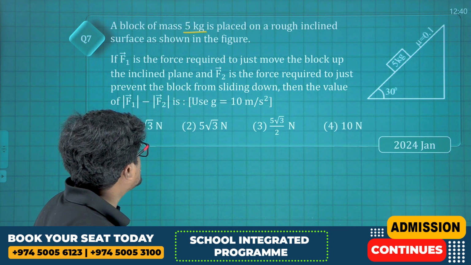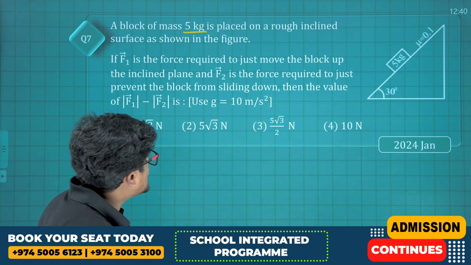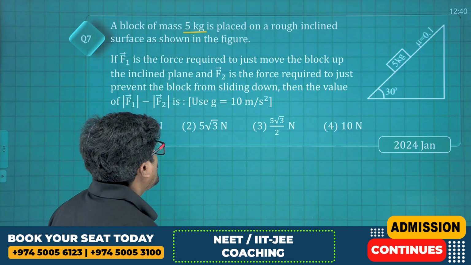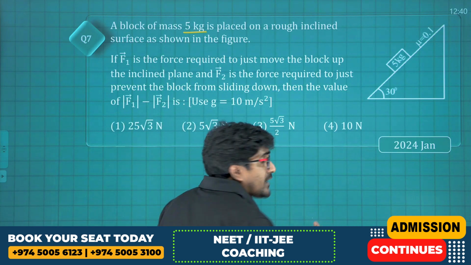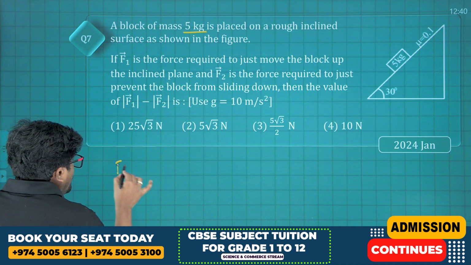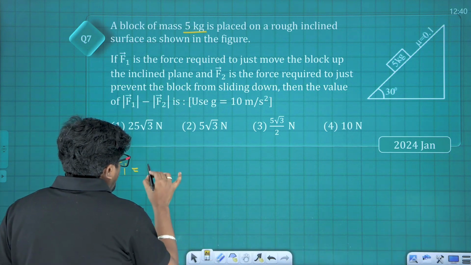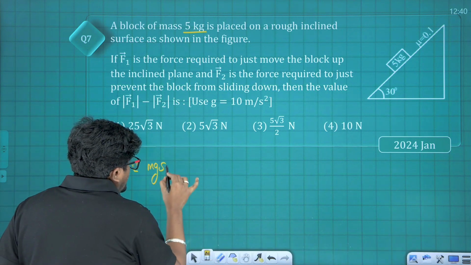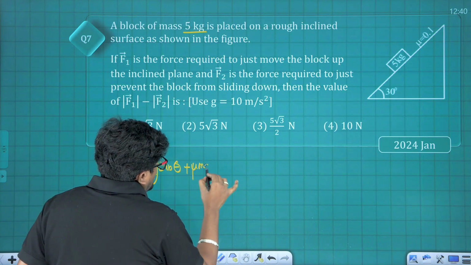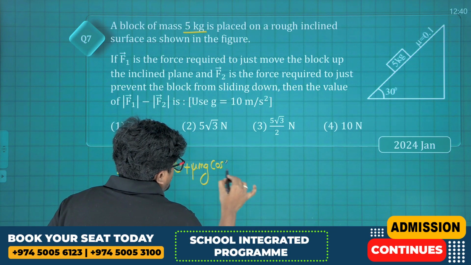So F1 is the force that is required to just move the block in the upward direction, isn't it? Fine. So once we are trying to move the block in the upward direction, the force we need, F1, is mg sine theta plus mu mg cos of theta.